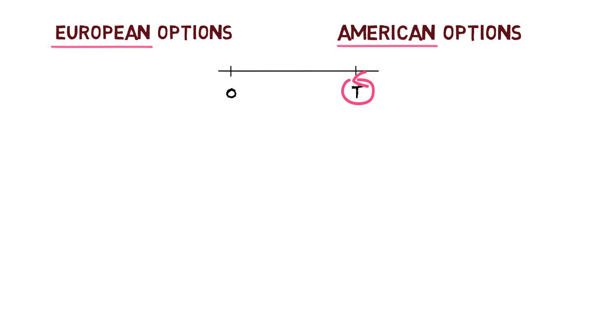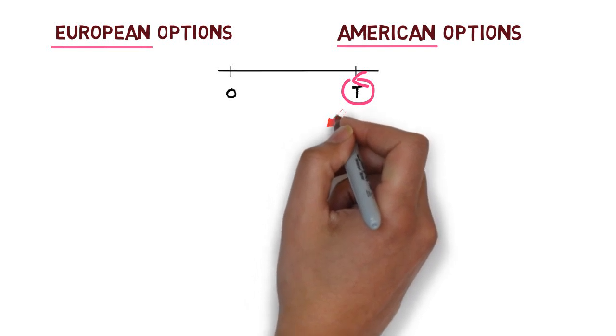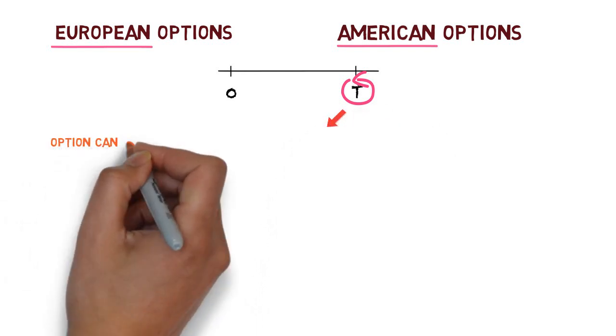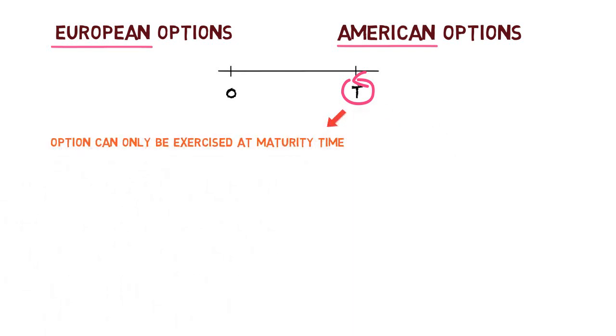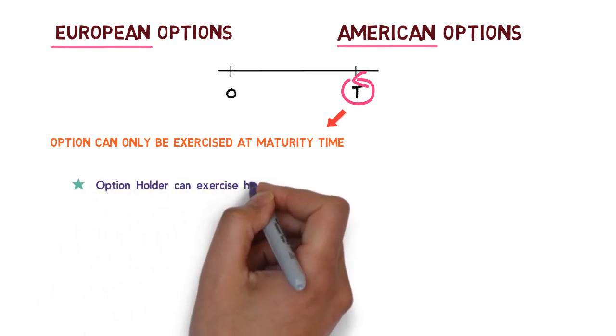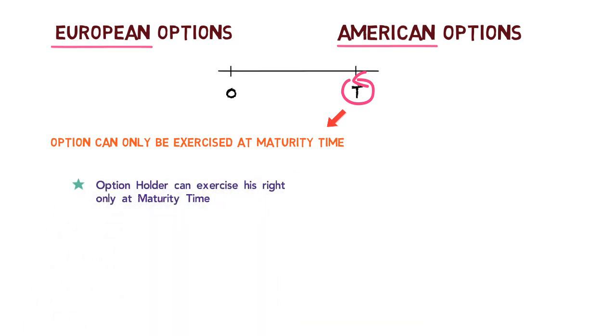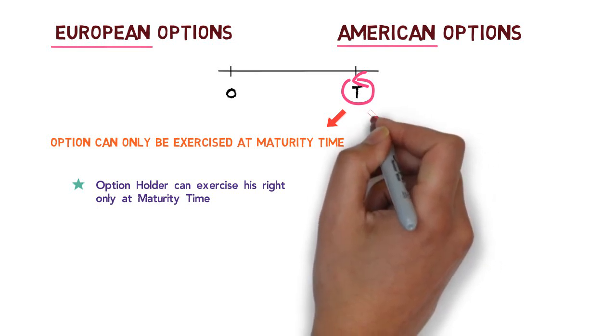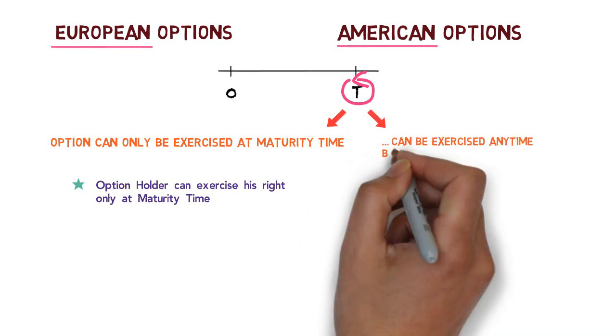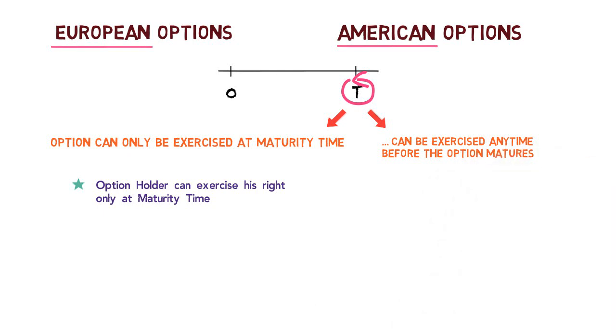That is, the underlying, strike price, and maturity period are all the same. Now with the European option, you can only exercise it at the maturity time t. That is, the option holder can exercise his right to buy or sell only at maturity time and not any time before that. In contrast, an American option can be exercised anytime before the option matures.